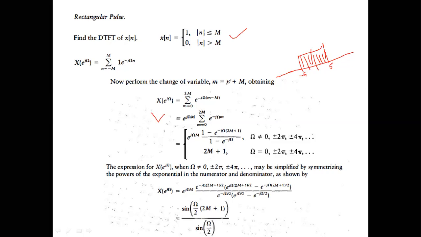Now you can see whenever we are changing from minus m to plus m, we are comfortable with limits which go from 0 to some positive value. That is why the change in the limits, and you get it in this particular format: 0 to n of a to the power n, 1 minus a to the power n plus 1 divided by 1 minus a.